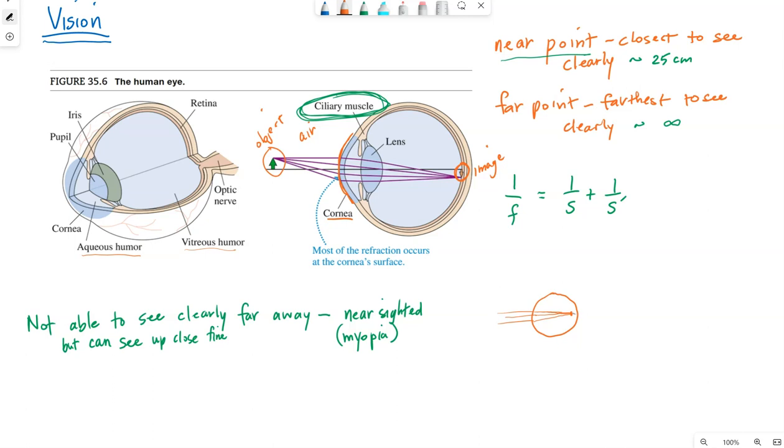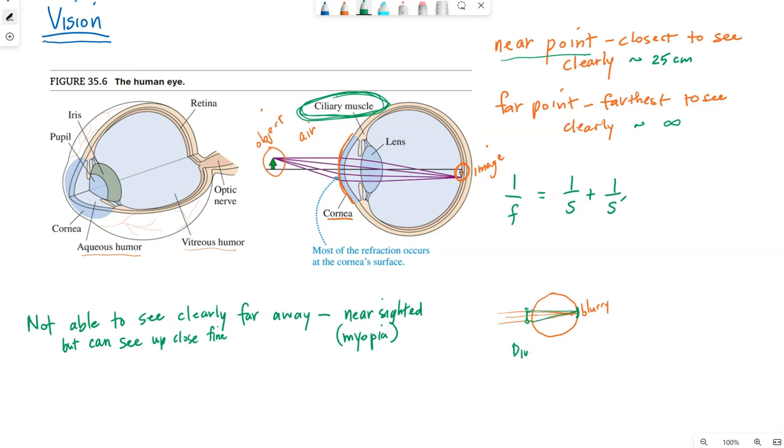And so by the time the light passes and gets to the screen, it's blurry. It's not a clear, fine image. So what I need to correct this vision is a diverging lens. As the light comes in, it goes through the diverging lens first, which spreads it a little bit, and then my eye finishes the focusing onto my retina.